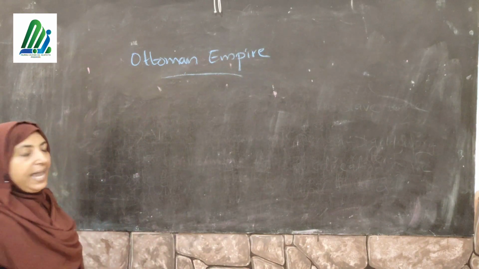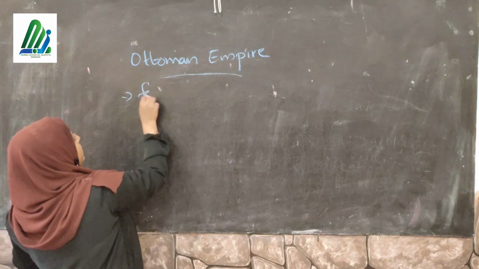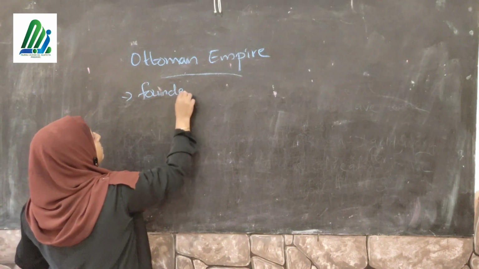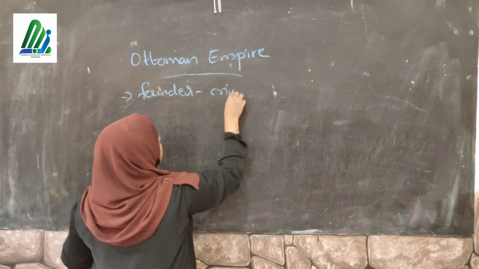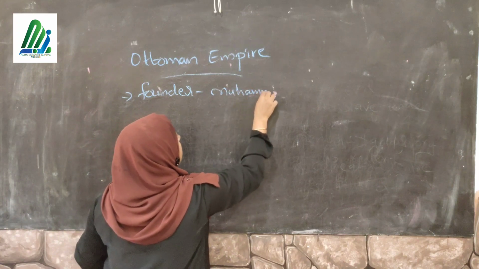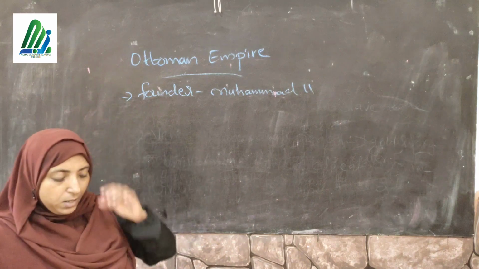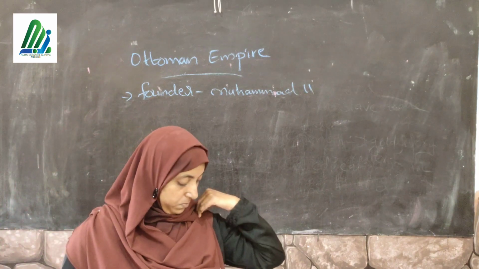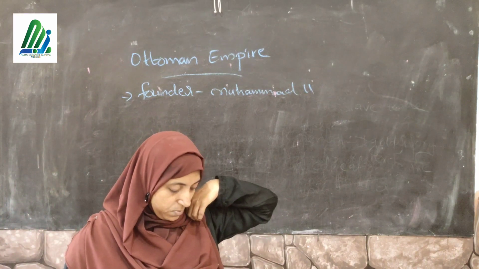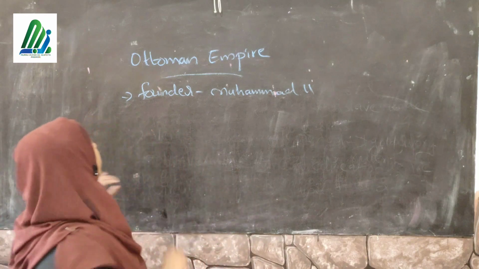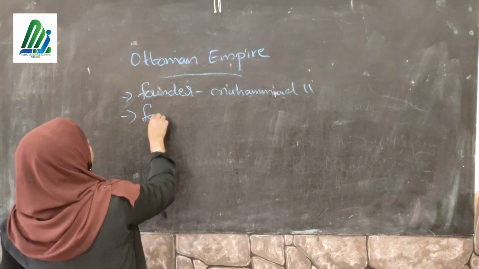Ottoman Empire. Then the first point is founder. It was Muhammad II. So please write the founder, Muhammad II. Next point, famous ruler.